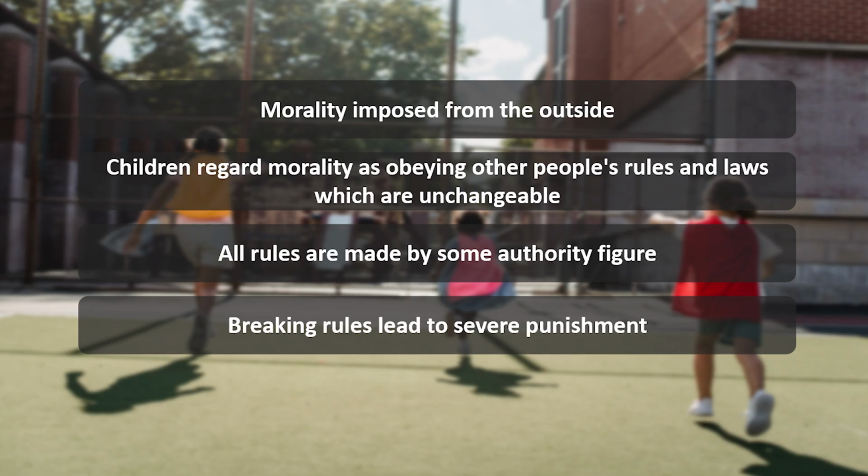Who are the adults? The parents, the societal laws, the teachers. So it is imposed from outside. And children regard morality as obeying other people's rules and laws, which are unchangeable. They think that the rules cannot be changed. It is fixed. Nobody can change the rule.